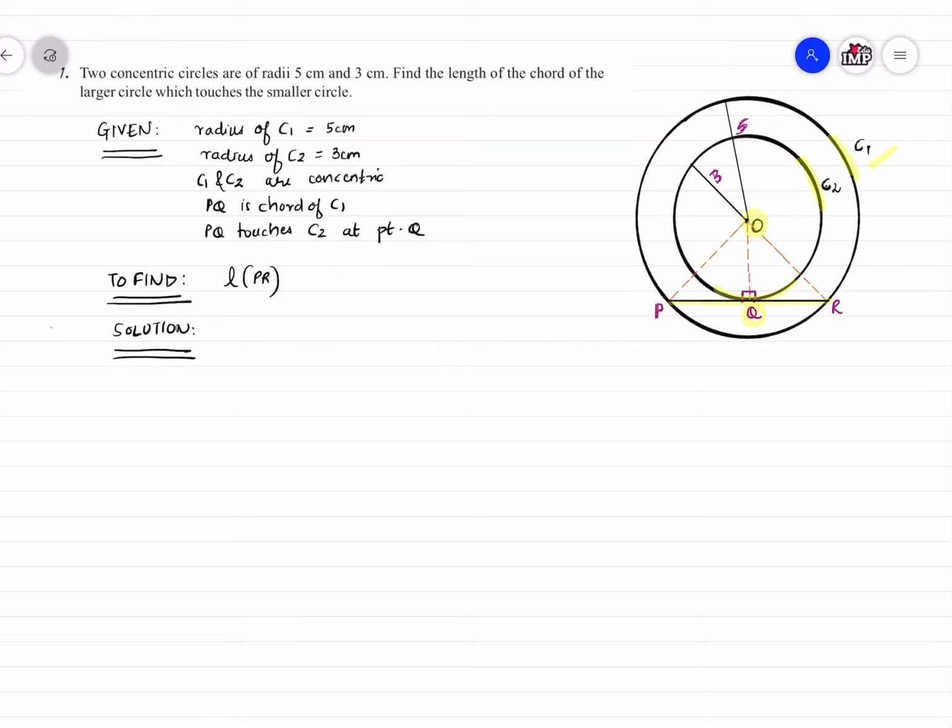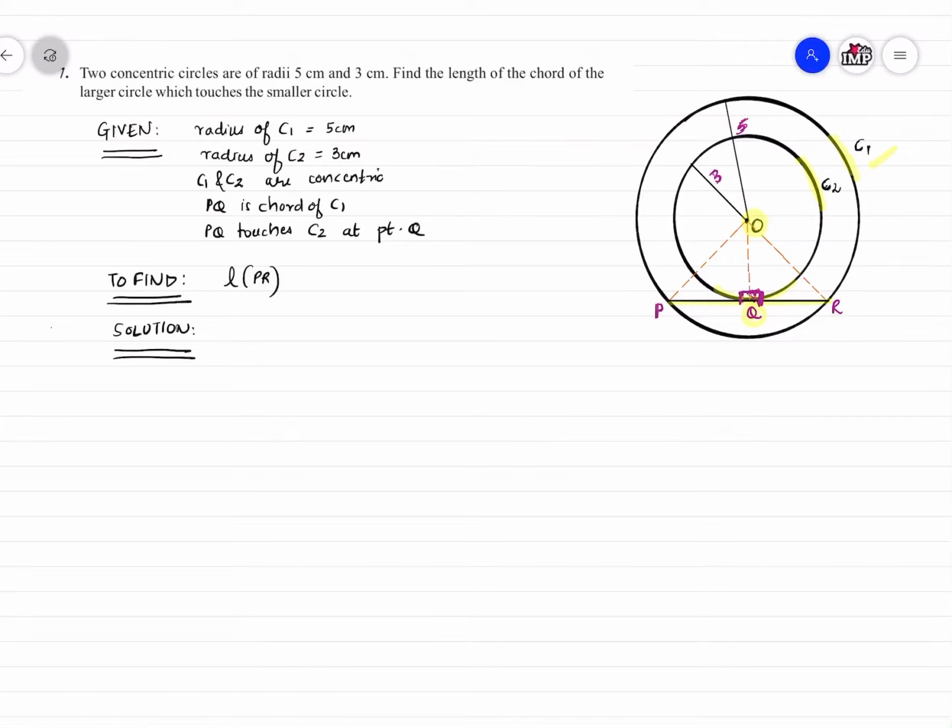Okay, so PR is the chord of C1 and it touches C2 at point Q. So clearly PR is a tangent of C2, right? And OQ is the radius of C2. So we know that OQ is perpendicular to PR, right?